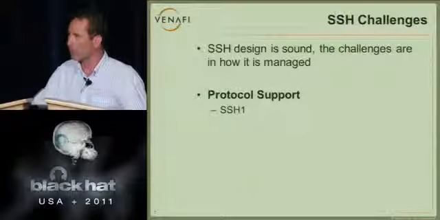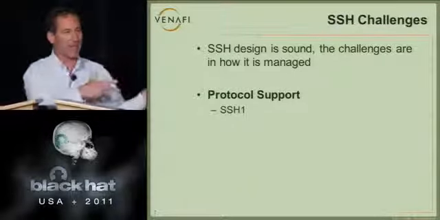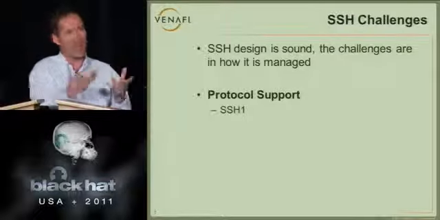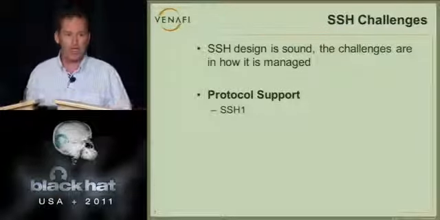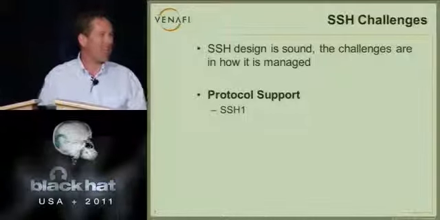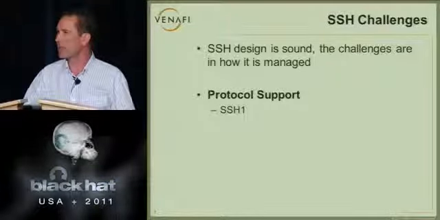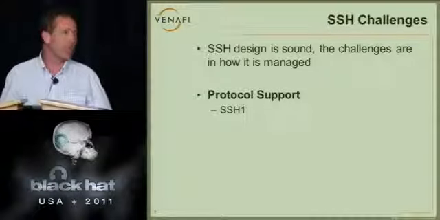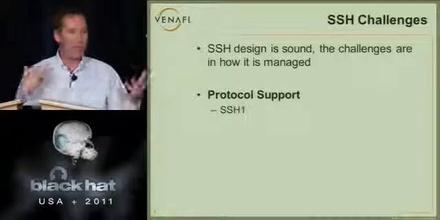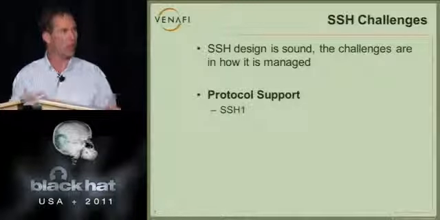First of all, protocol support. This is when I talked about SSH being sound, right? SSH is in pretty good, darn good shape. Well, that's not the case originally, right? Back in '95, I believe it was, when SSH first came out, it was a very different protocol than what we know today as SSH2. I mentioned, for example, the Diffie-Hellman idea of getting a shared key so that you can encrypt something, right?